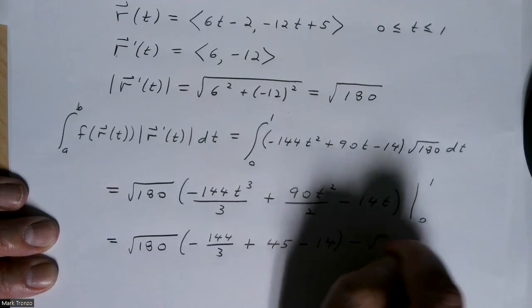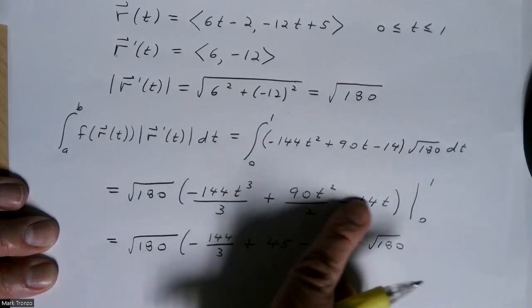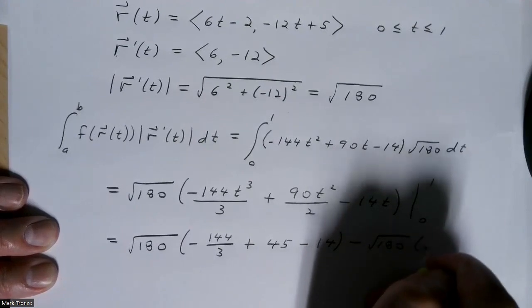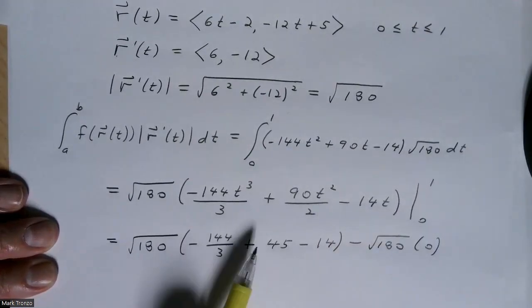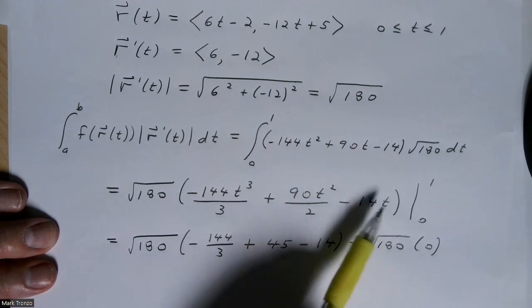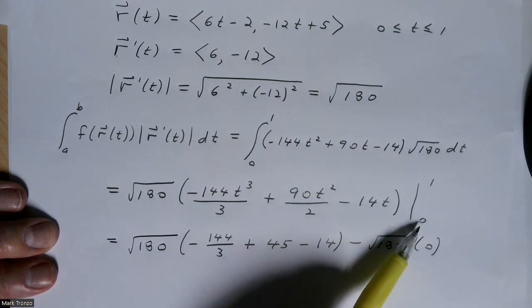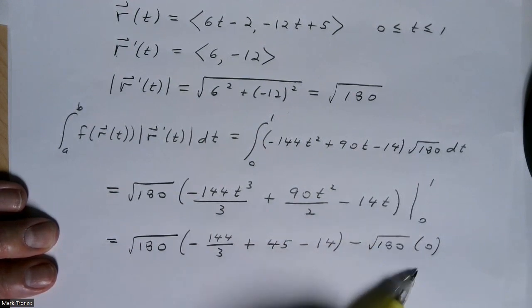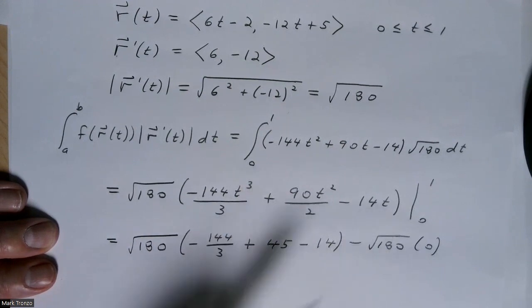Now notice the lower bound has just t's in it. And so it's going to be 0. You always have to be sure to not automatically put 0 when you put a lower bound. Always take a quick look, because remember, if we have like e to the t, e to the 0 is not 0. But in this case here, these are all going to be 0.